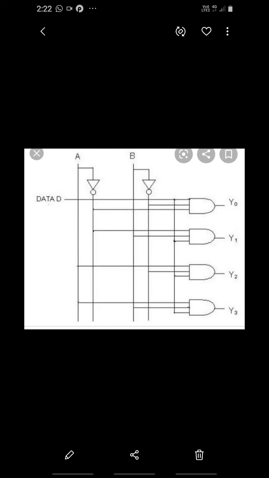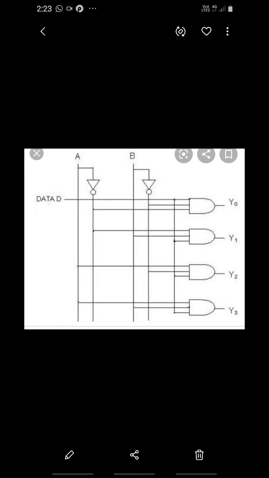Here is the main difference between multiplexer and demultiplexer. A multiplexer allows many inputs and a single output, and the demultiplexer accepts only one input line and gives different outputs.